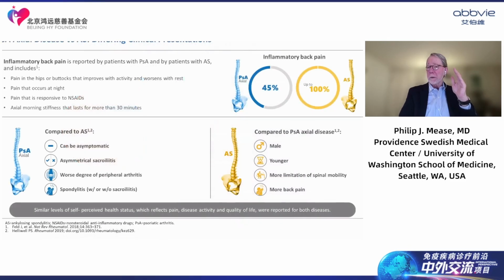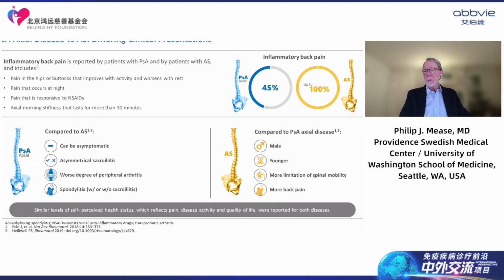There are differences between axial PsA and axial spondyloarthritis. The axial PsA patients may not endorse all of the elements of the inflammatory back pain criteria noted here. For example, pain awakening the patient in the middle of the night, or pain that gets better with activity and worse with rest.